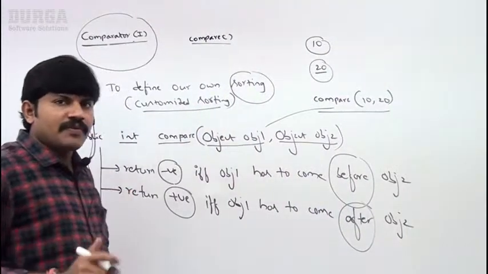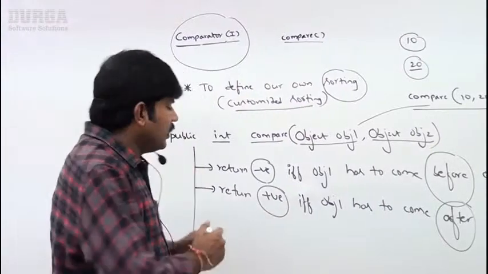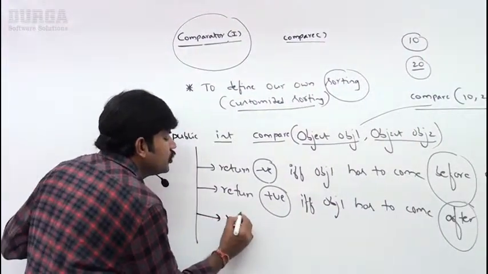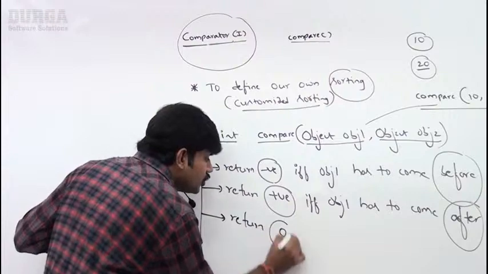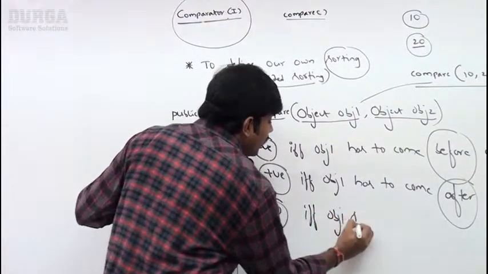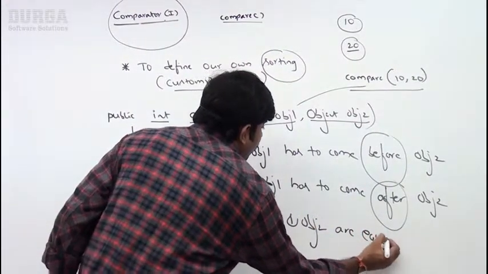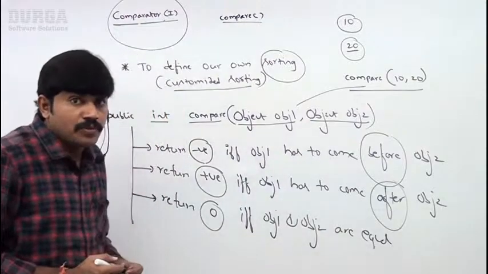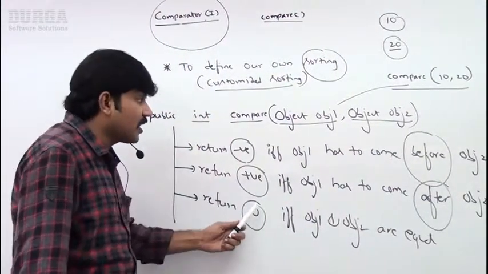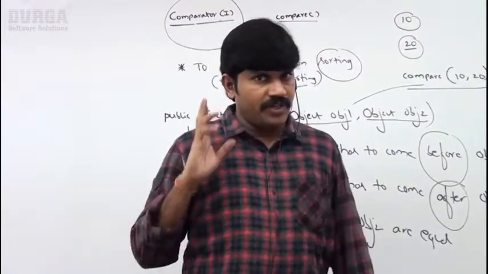Next, return 0 if OBJ1 and OBJ2 are equal. Remember, these words are very very important.